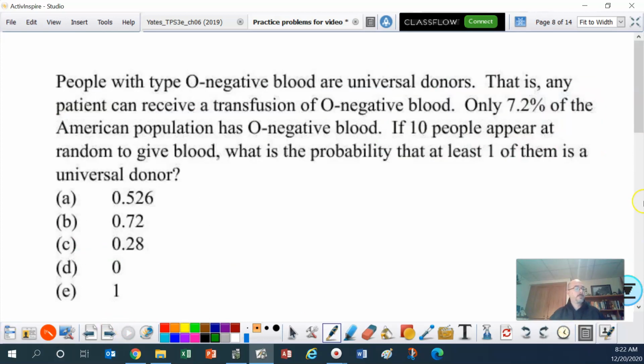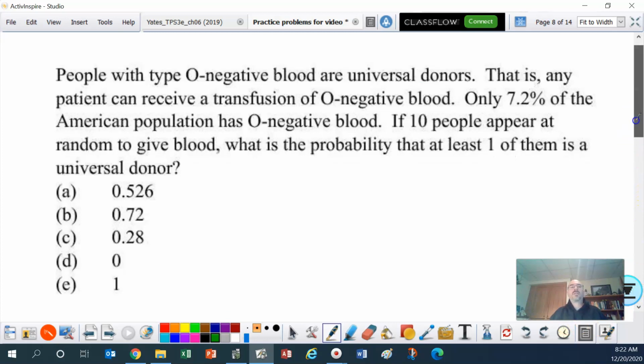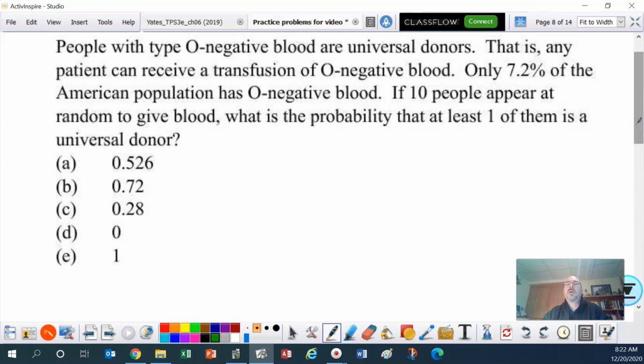All right. People with type O negative blood are universal donors. That is, any patient can receive a transfusion of O negative blood. Only 7.2% of the American population has O negative blood. If 10 people appear at random to give blood, what is the probability that at least one of them is a universal donor?